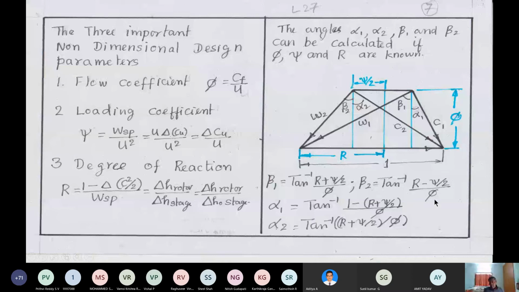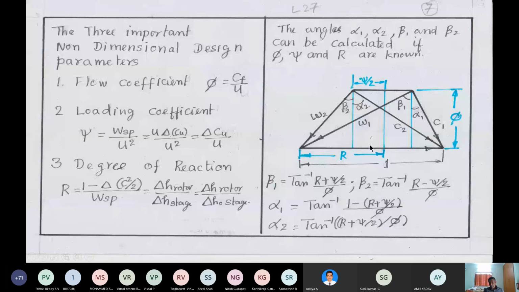Then we have alpha 1 and alpha 2, which we can give in the same manner. So tan alpha 1 is here, that must be this distance, which is actually 1 minus, from this end to this point, so that is a combination of R plus psi by 2.